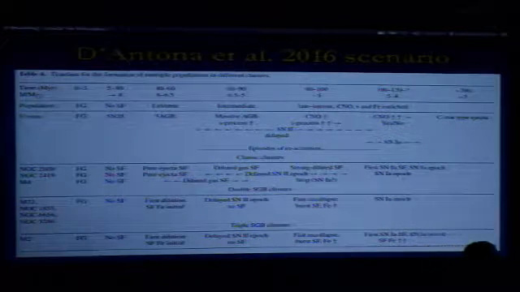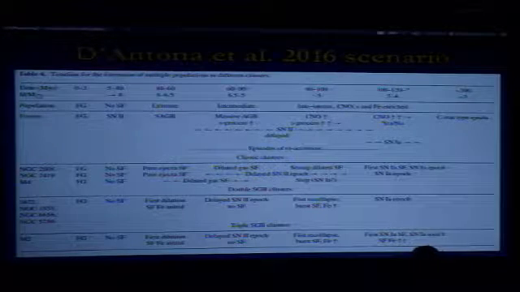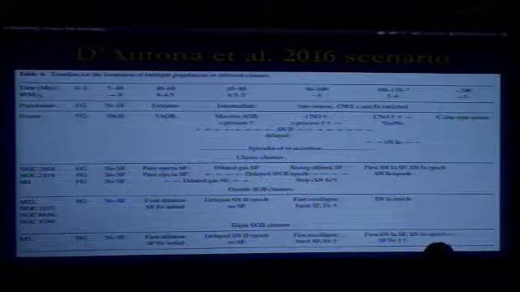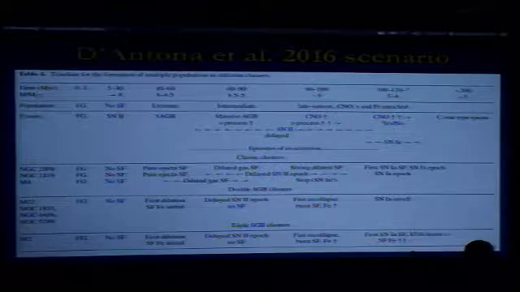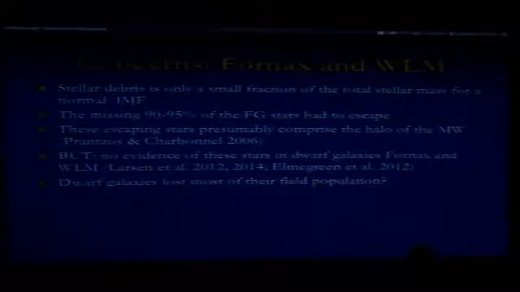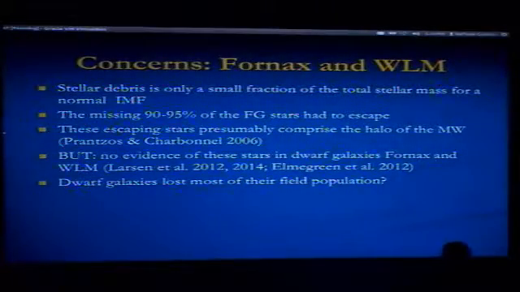Her scenario is very complicated. She tried to explain various clusters using different masses of the polluters. Well, we said that there is this mass budget problem because it is a real problem.